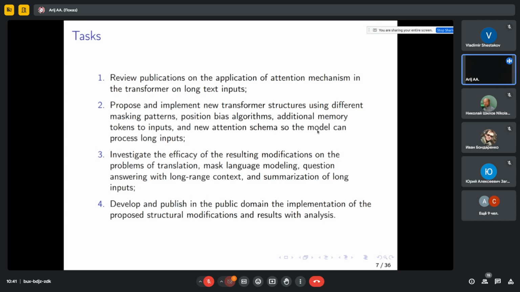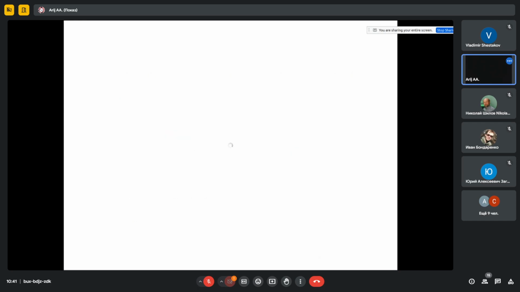After that, step by step, the modifications were implemented and applied on different NLP tasks to understand the efficiency of each proposed design for processing longer input, and the results were published in the public domain.